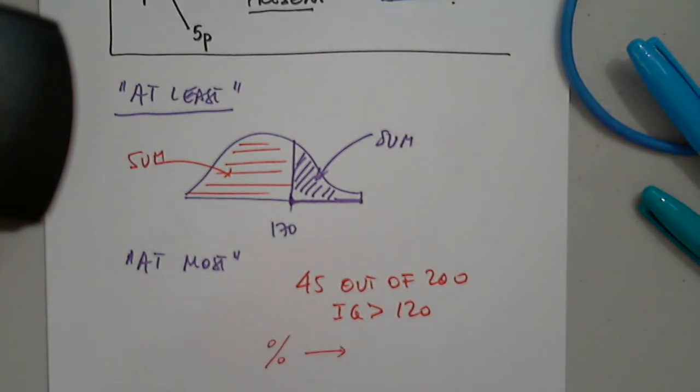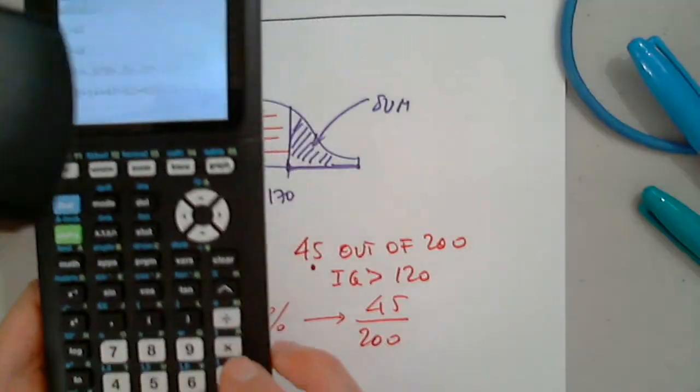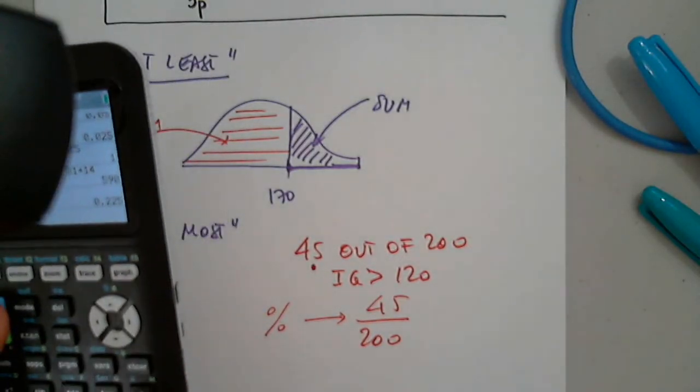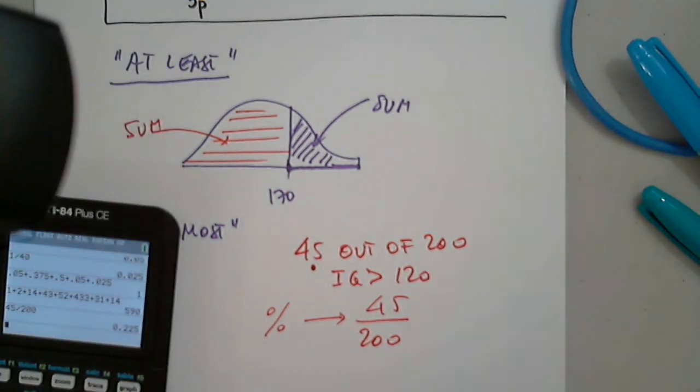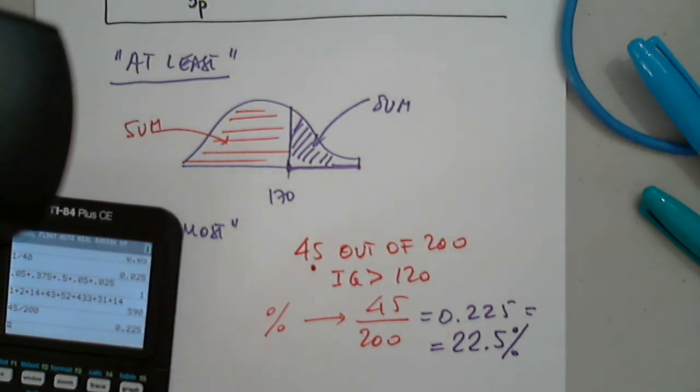How do I find the percent? Divided by 200, then multiply that by 100. So how much is 45 divided by 200? 0.225. Yes, 22.5%. Awesome.